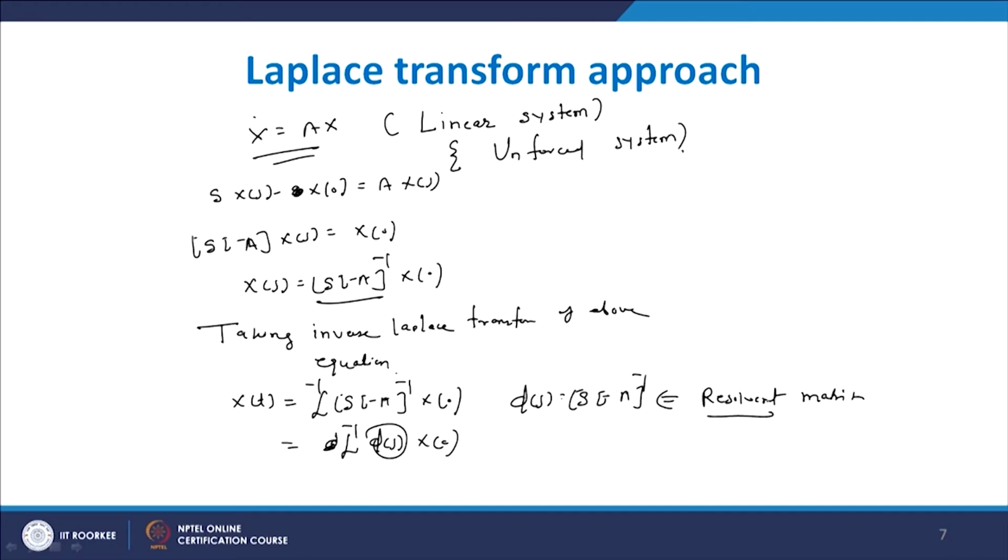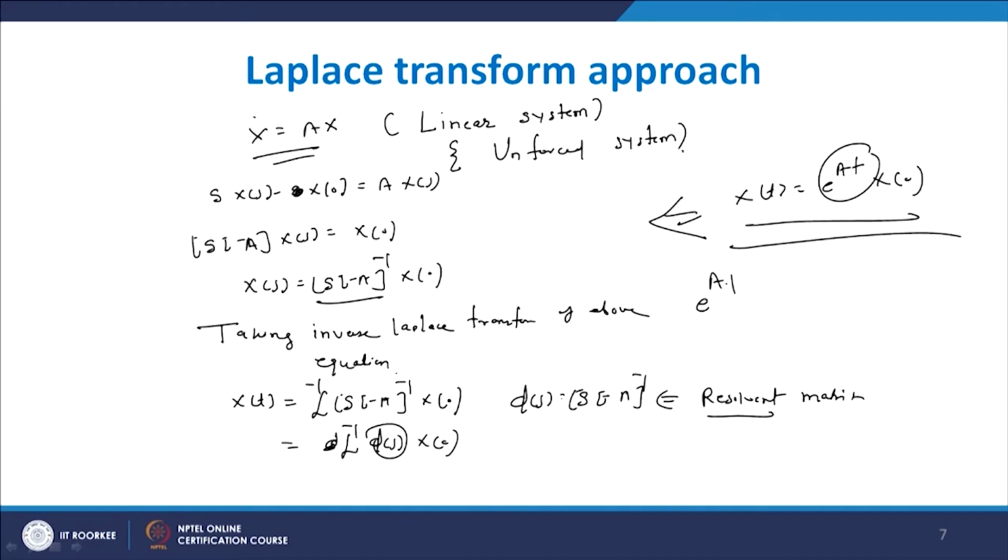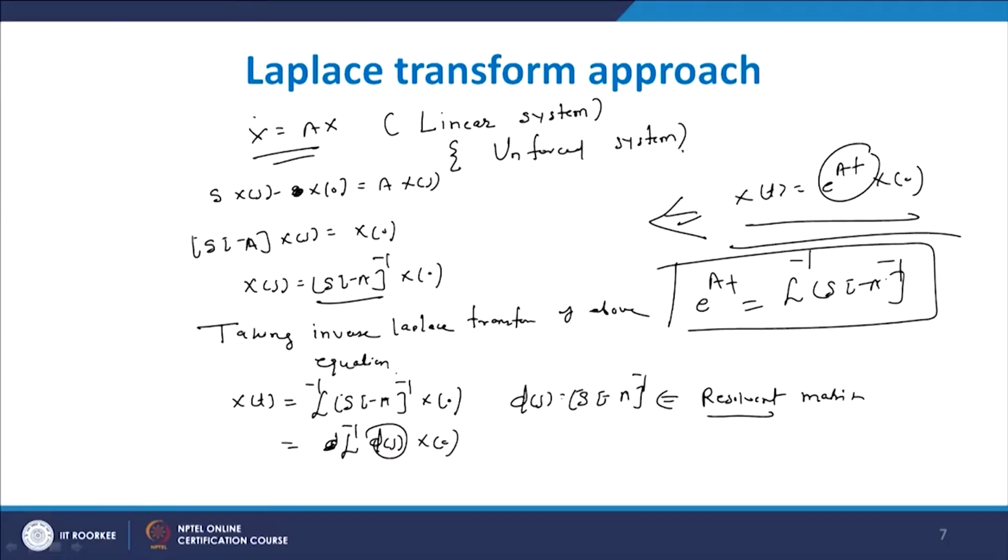And earlier we have determined x of t equal to e raised to At into x of 0, and now this e raised to At we can write as Laplace inverse of (sI minus A) inverse. That means this e raised to At, which is very important in getting the state equation, can be determined by (sI minus A) inverse.